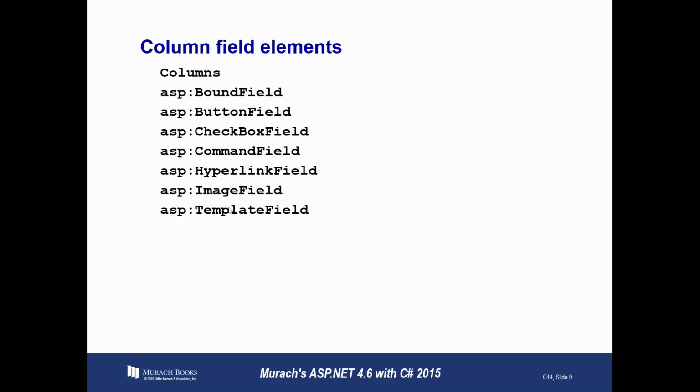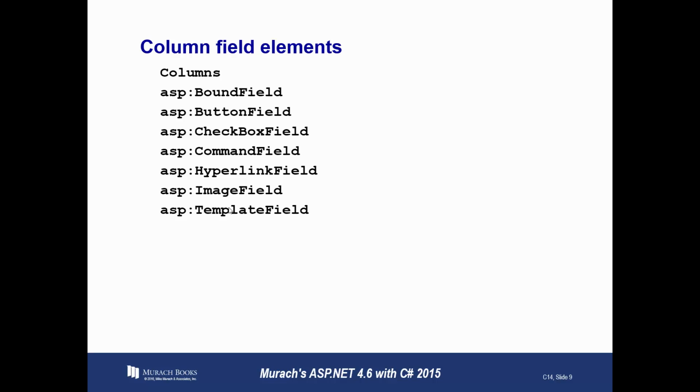The grid view control can use several different types of child elements to create and format its fields. This table defines the collection of columns that are displayed by the control. So you can have columns, that's the columns displayed by the grid view control. You can have bound fields, which is a field bound to a data source column.